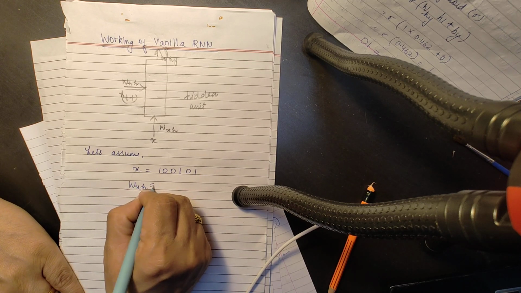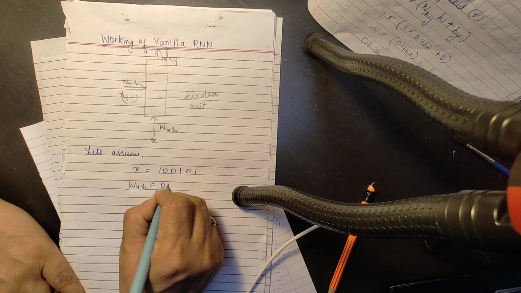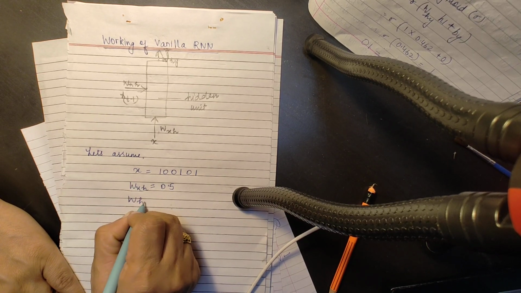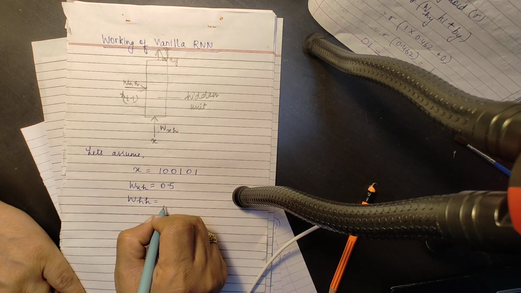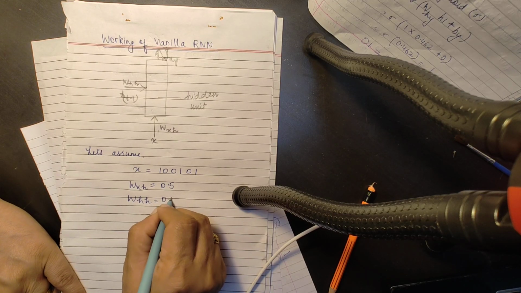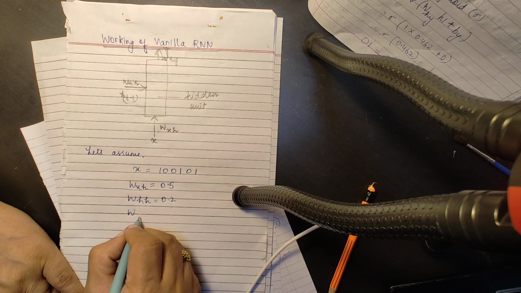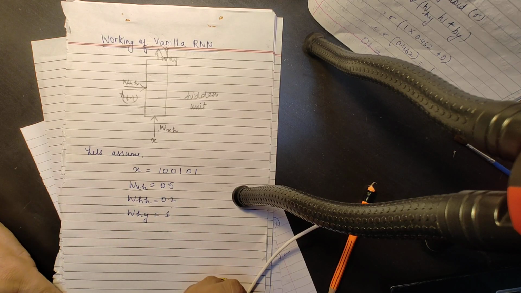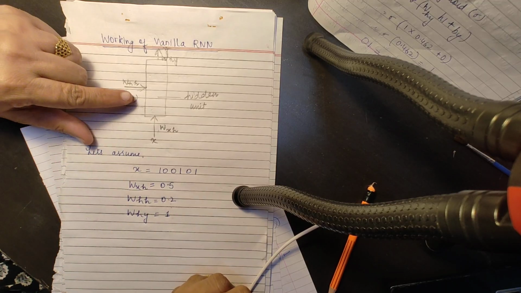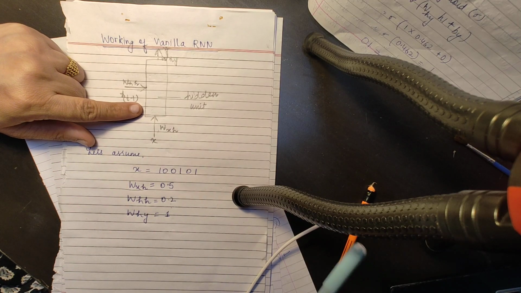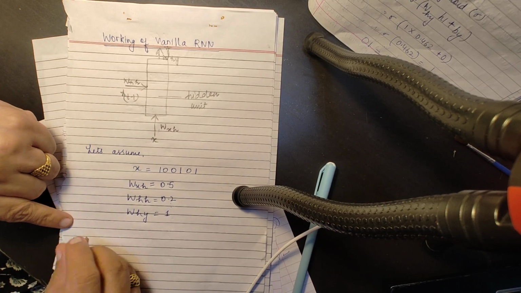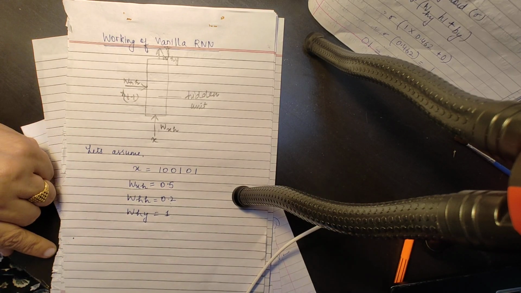WXH is given as 0.5, WHH is given as 0.2, WHY is given as 1. So in this case, how does it process?